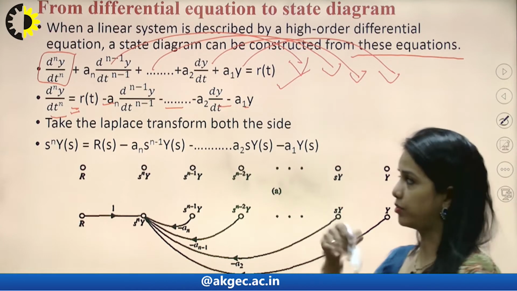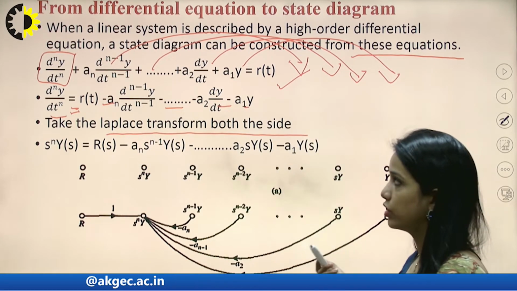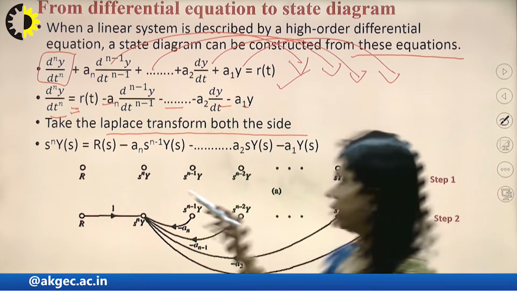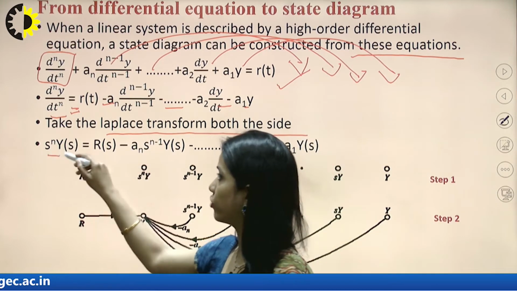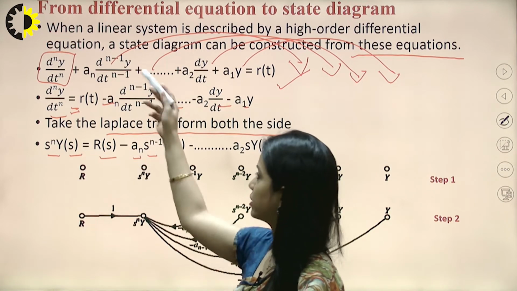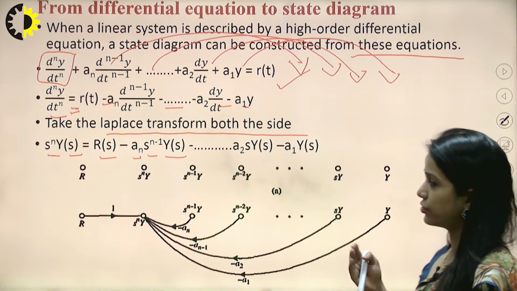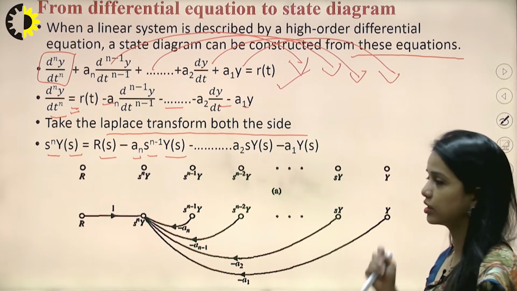Now we take the Laplace transform on both sides. When we take the Laplace transform, it becomes s^n Y(s), R(s), a1 s^(n-1) Y(s), and so on. Now we try to make the signal flow graph.